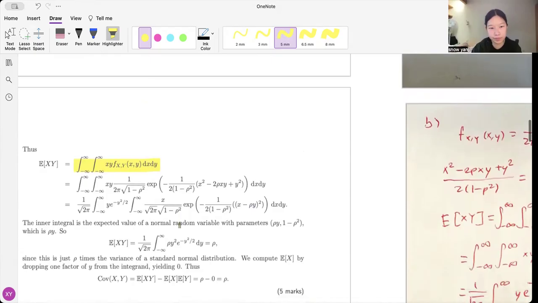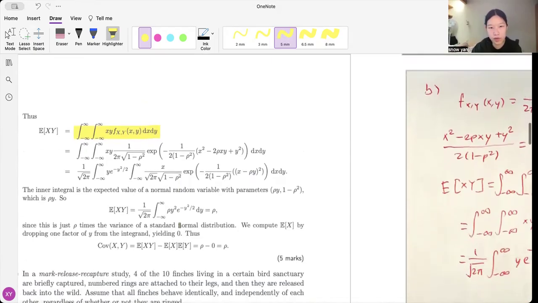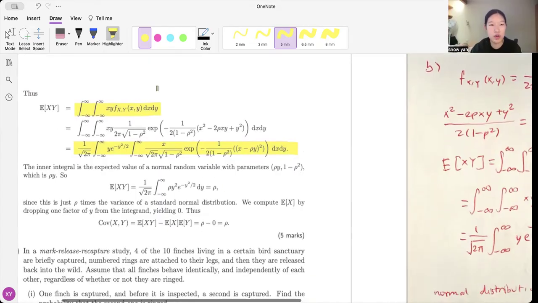We slightly simplify it so that we get to this point over here. Now we're going to first evaluate, as always, the inner integral, like this part over here.